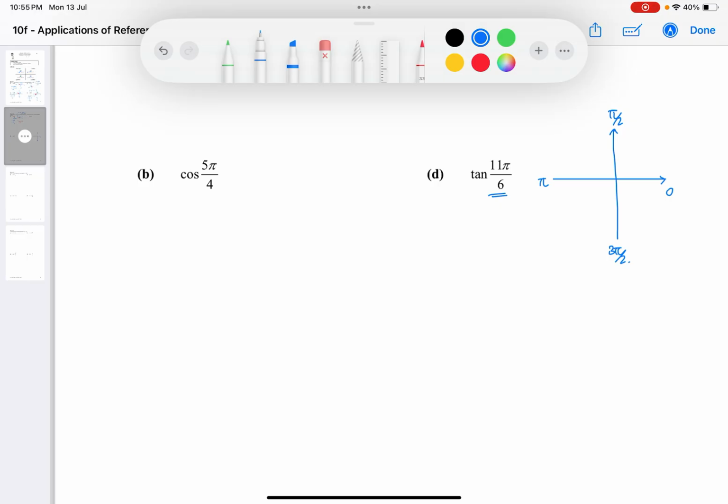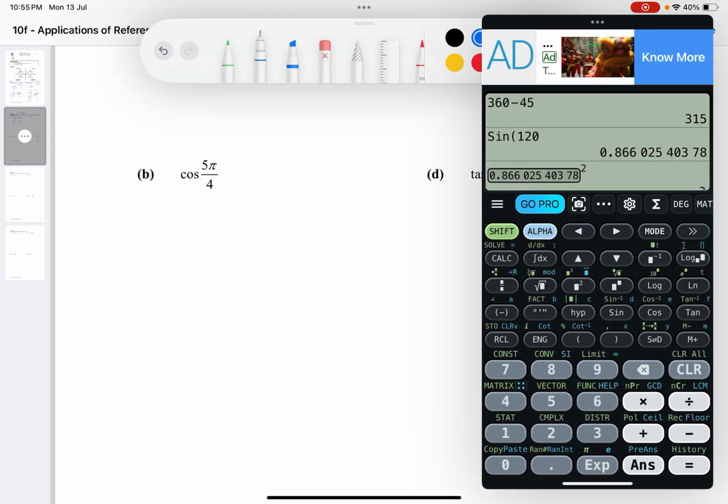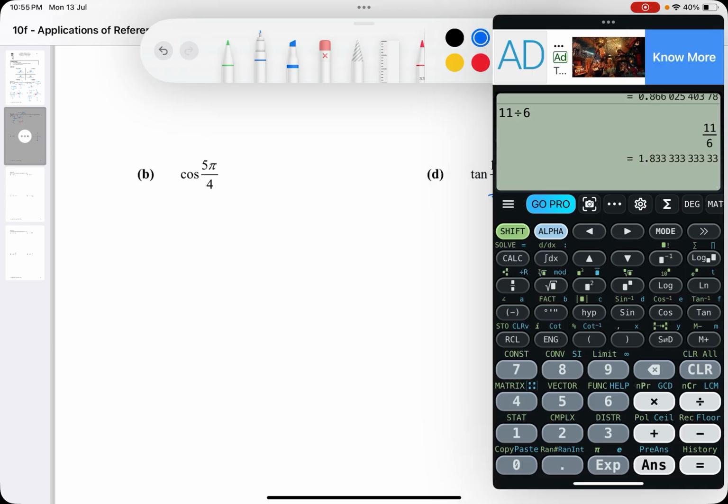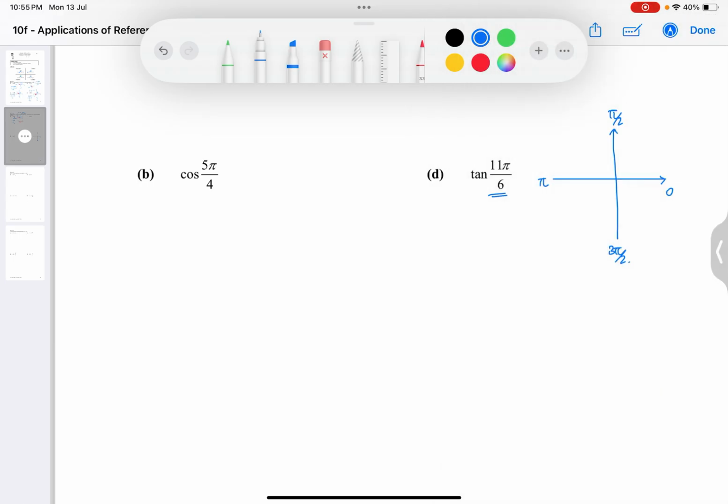If you convert 11 over 6 to decimal, it's 1.833. So 1.833 is bigger than 1.5, which means it's over here. So here it's 11 pi over 6 radian.